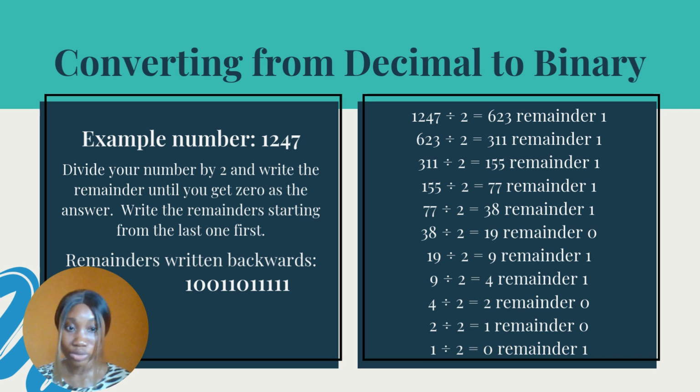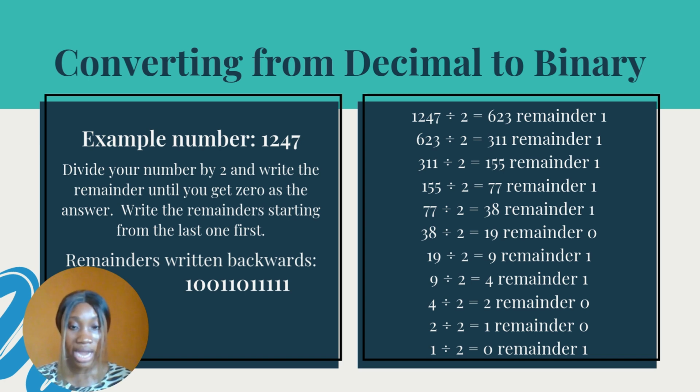38 divided by 2, 19, remainder 0. 19 divided by 2, 9, remainder 1. 9 divided by 2, 4, remainder 1. 4 divided by 2, 2, remainder 0. 2 divided by 2, 1, remainder 0. And 1 divided by 2 is 0, remainder 1. So your division is always going to stop at 0, remainder 1.